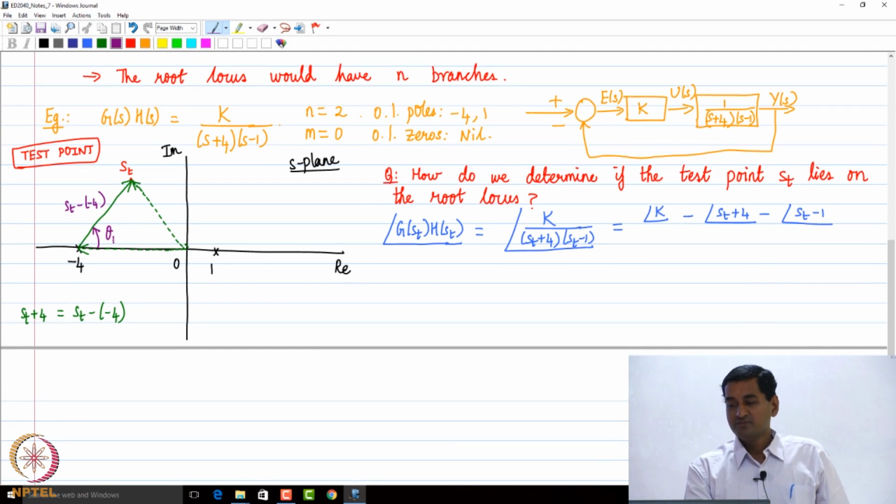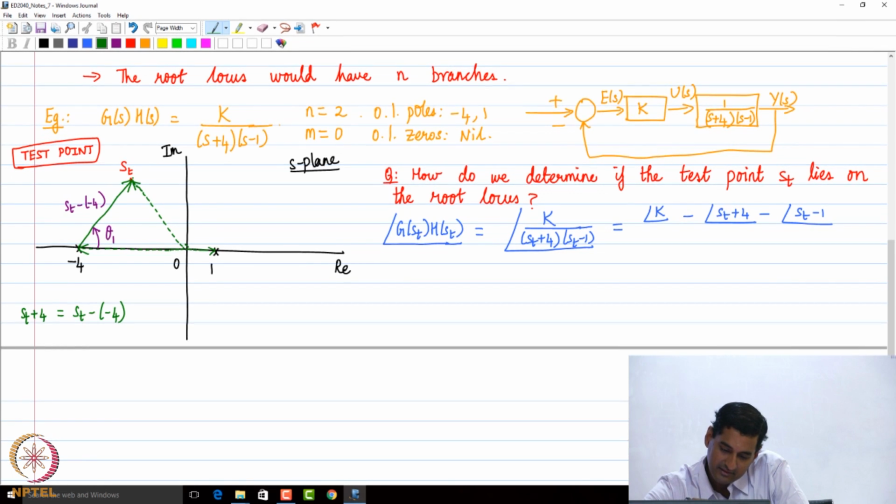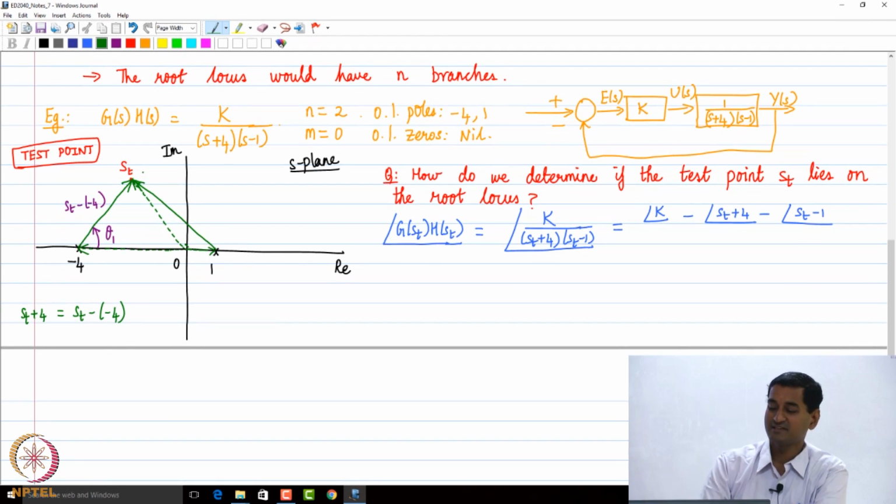Okay. So then how can I get st - 1? Same philosophy. The vector 1 is going to be from 0 to 1. So st - 1 is going to be from 1 towards st, the arrow pointing towards st. So the angle made by the vector st - 1 is going to be this theta 2.